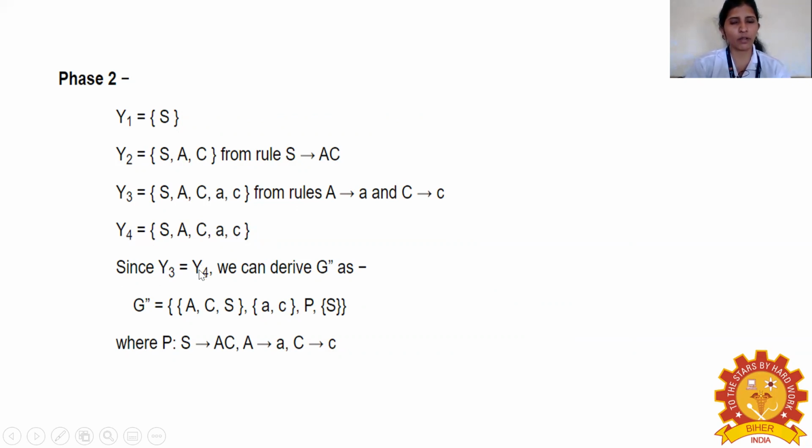Since y3 is equal to y4, we can derive G'' as G'' = ({A, C, S}, {a, c}, P, S), that is the set of non-terminals, terminals, productions, and start symbol. So this is the set of production rules given here.